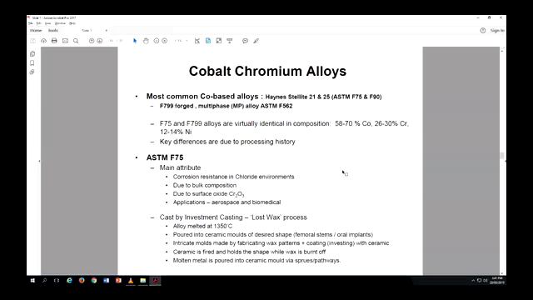So cobalt chromium is another one that is very common. These are the very common ASTM basically compositions of this alloy that are available, commercially available. As an example here, you have F75 and F799 alloys.